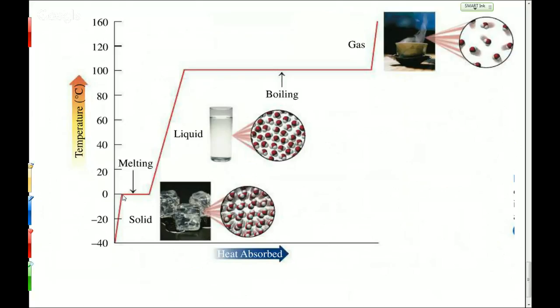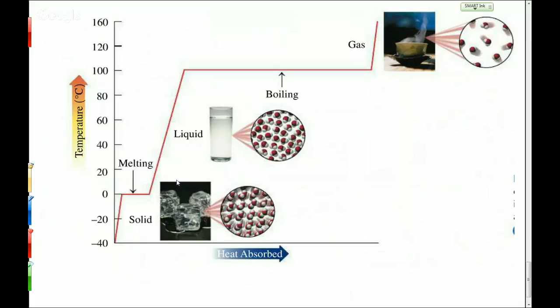But then right when you get to 0, you have to add a bunch of heat, but the ice doesn't actually get any hotter. Why not? Yeah, because it's melting, just like it says here. You need that heat to melt the ice. That heat is going into the ice to melt it, and it's not changing temperature. So when ice goes from ice to water, it doesn't change temperature.